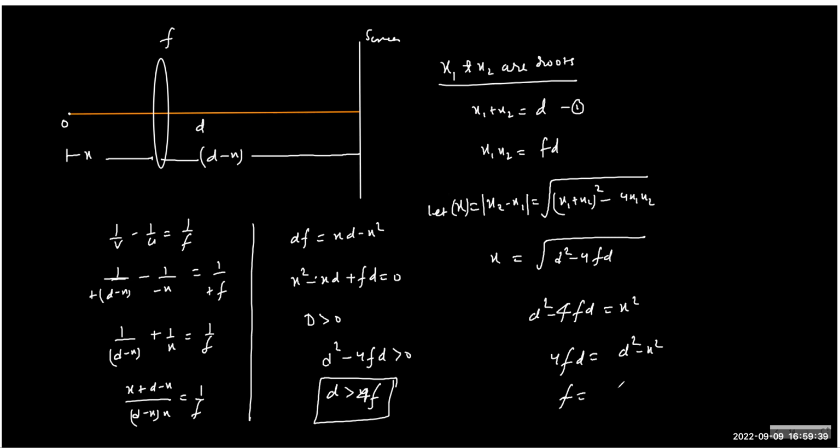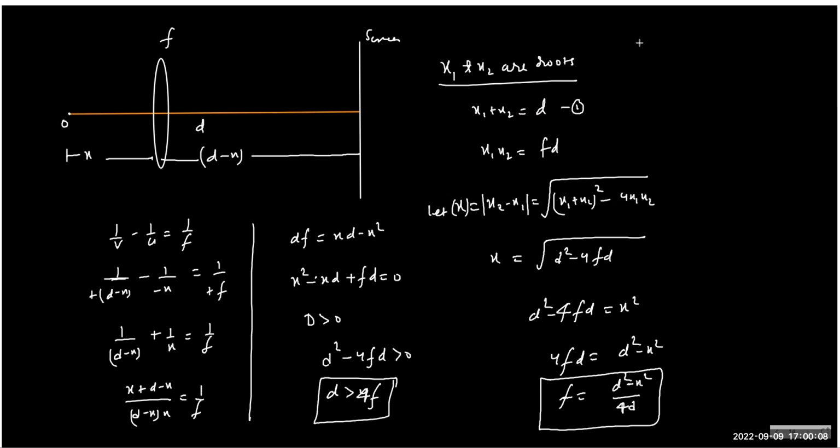So the other formula is F equals D square minus x square by 4D. So this is another formula for the focal length in terms of the total distance, and this is the same answer as before.